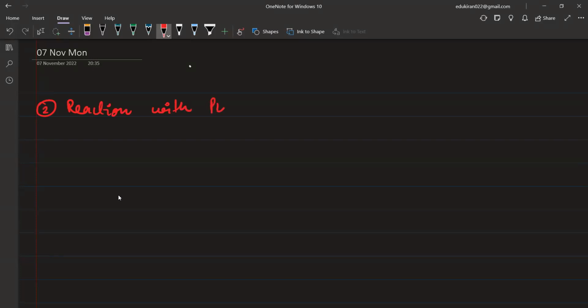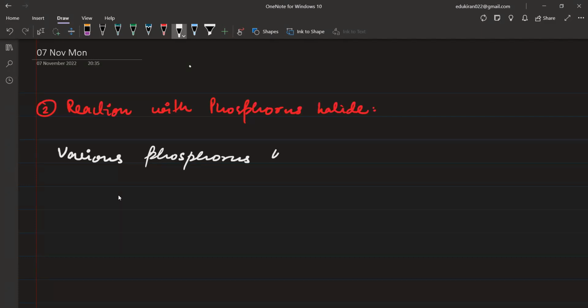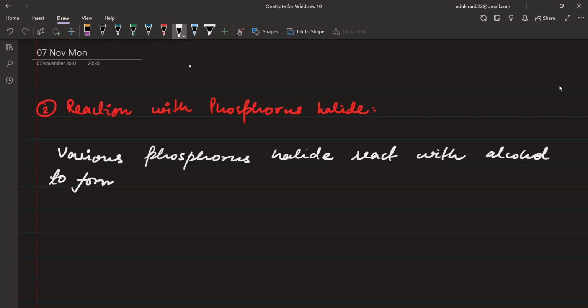Reaction with phosphorus halides. Okay, now please write here: various phosphorus halides react with alcohol to form haloalkane.